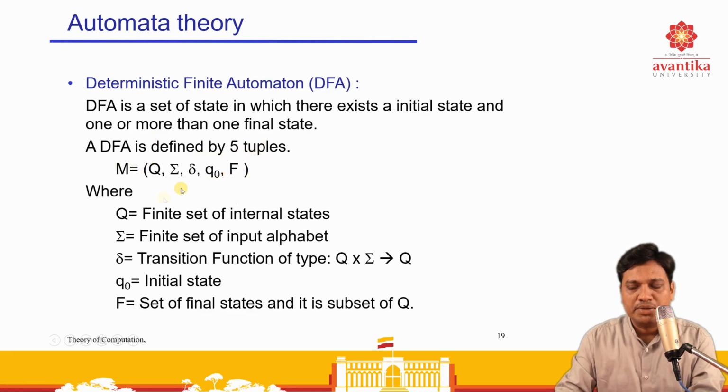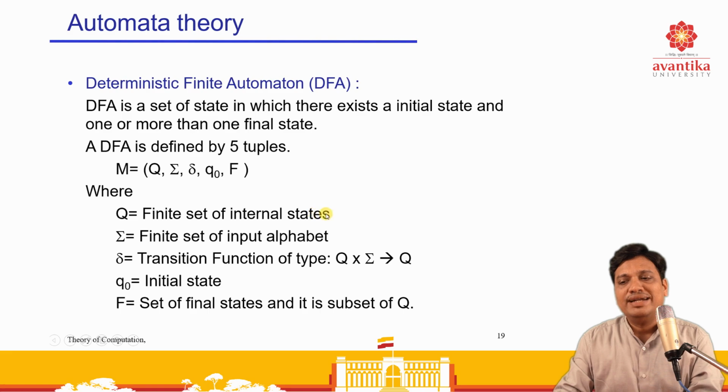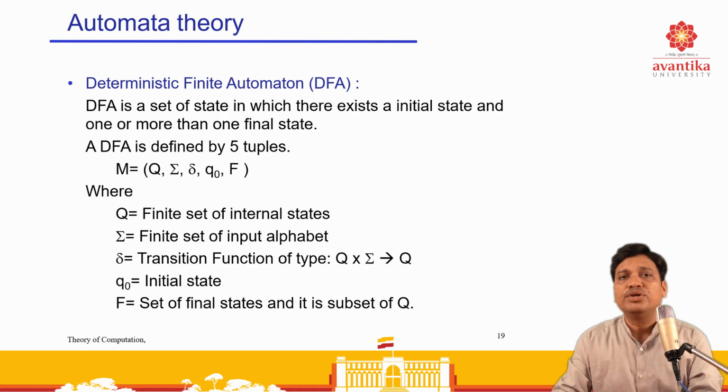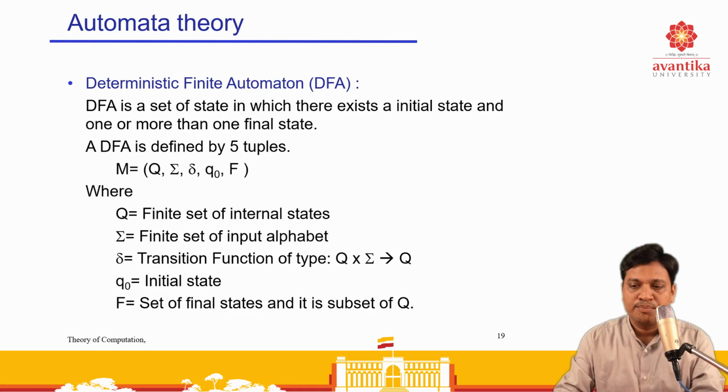So a DFA is a combination of 5 tuples. Q is a finite set of internal states. Sigma is a finite set of input alphabet. Delta is a transition function which performs a transition between states, from Q0 state to Q1 state or Q1 state to QF state, that is the final state. Q0 is the initial state, the starting state, drawn as a circle with an arrow. F is the final state set and it is a subset of Q. Also F is a part of Q.